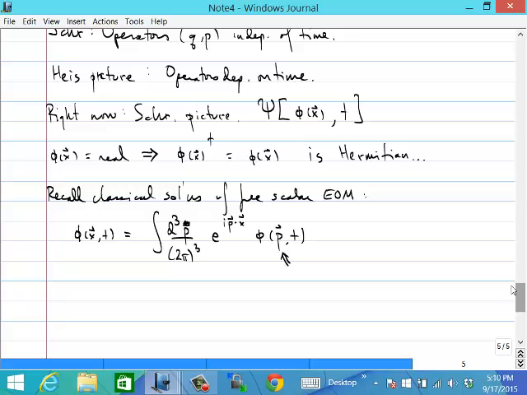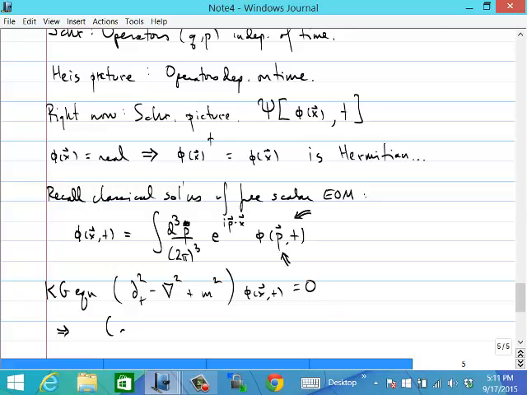The Klein-Gordon equation takes a very simple form in momentum space. What was the Klein-Gordon equation? It said that dt squared minus grad squared plus m squared acting on phi is equal to 0. If you stare at that, you can see what it means for the Fourier transformed field.